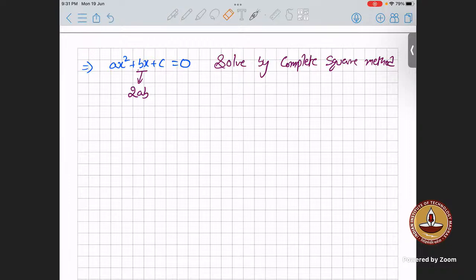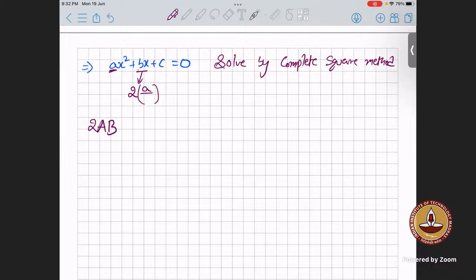Listen to this carefully. 2 into A, this is A. 2A. I will put 2 capital A into capital B. Agree? Here, 2 into, you have to multiply with A because it is here.